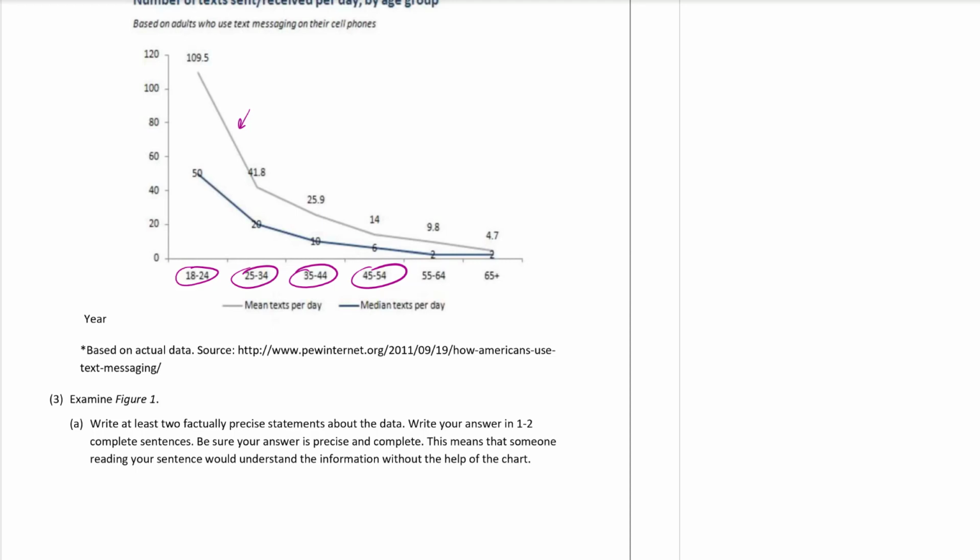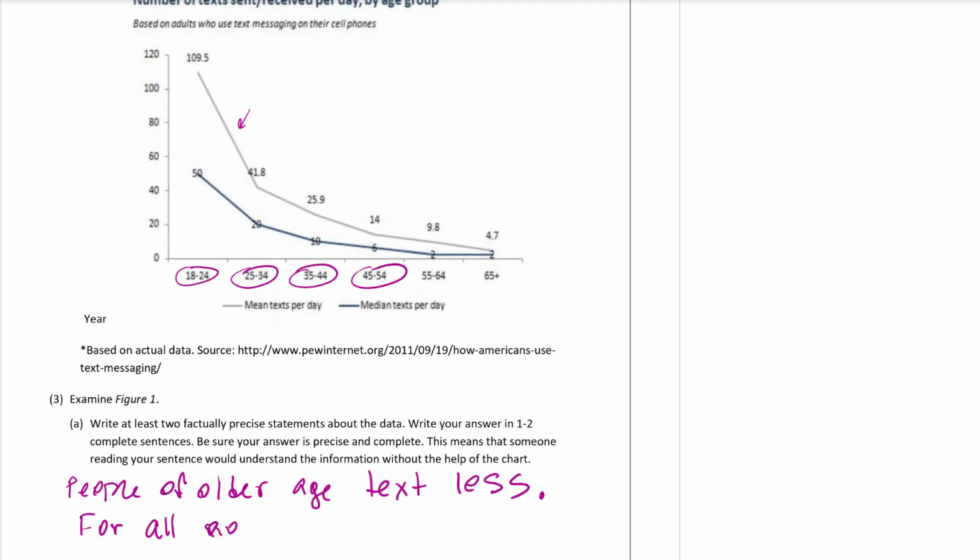So one thing we can see is that people of older age text less, right? The line is decreasing. And the other factual statement is that for all age groups, the median is less than the mean.